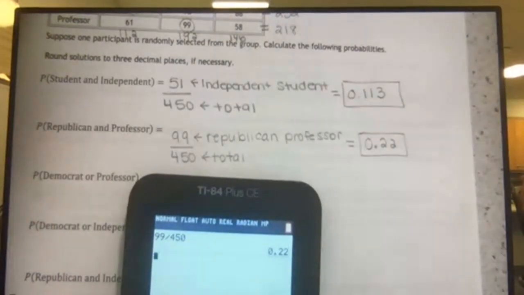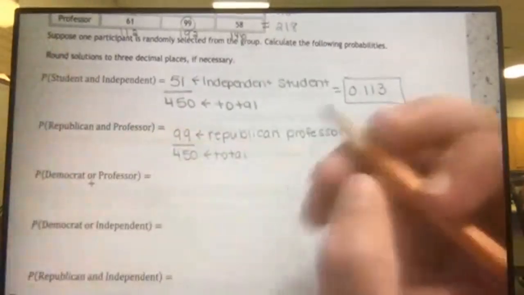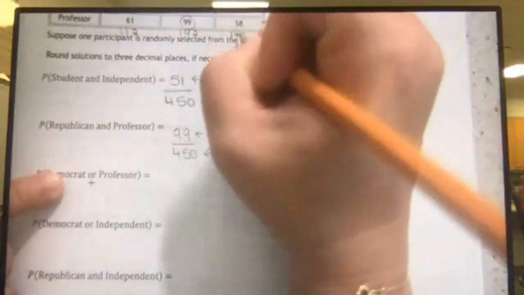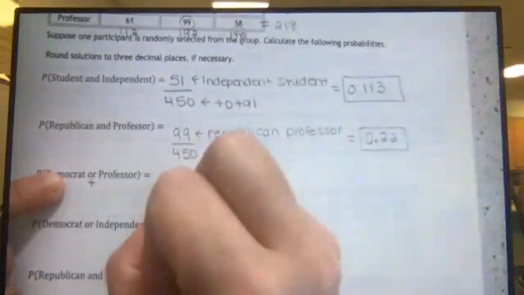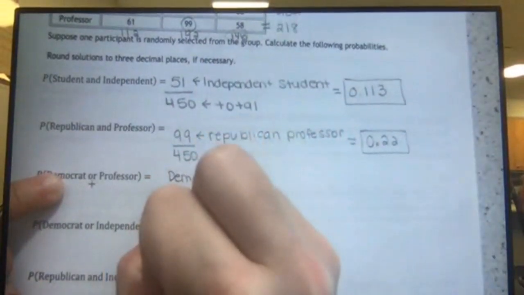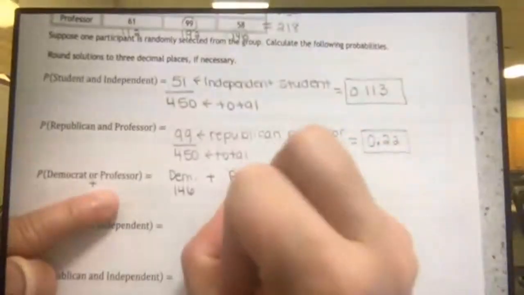Next is probability of Democrat or professor. So just like the or problems we did earlier, it's going to be adding. So we're first going to find how many Democrats there are. Out of Democrats, the total was 146, plus, how many professors are there total?